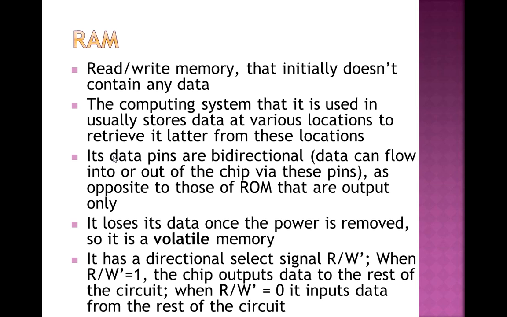So next is the detailed version, or the detailed slide, of the RAM, that is read-write memory, that initially does not contain any data. The computing system usually stores data at various locations to retrieve it later from these locations.